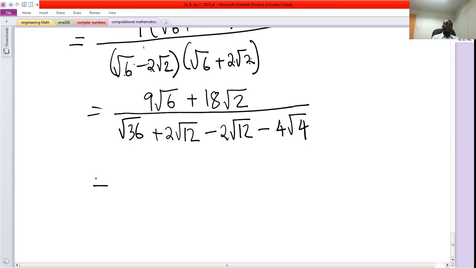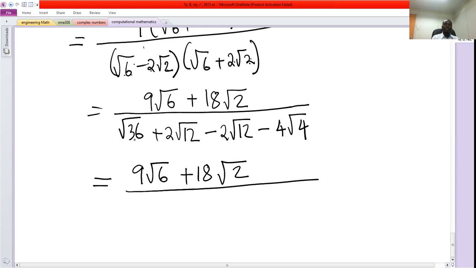Our next step, we'll have 9 root 6 plus 18 root 2 divided by the square root of 36, which is 6. This and this cancel out, minus the square root of 4, which is 2. 6 minus 8 is minus 2.